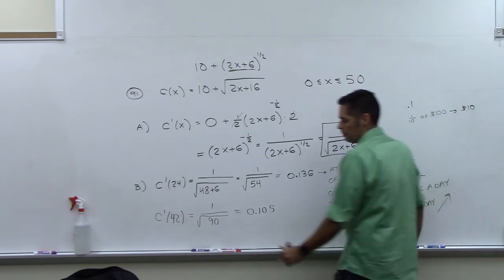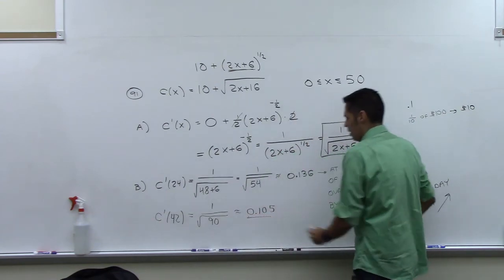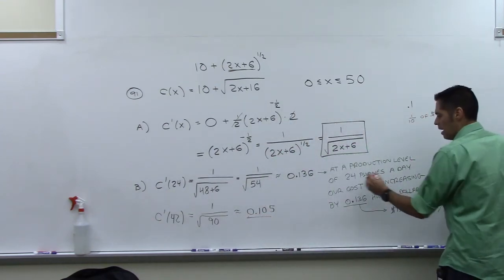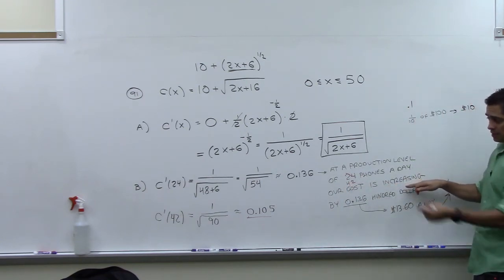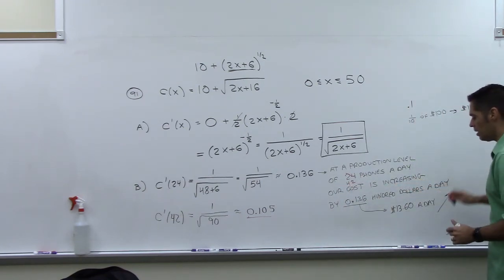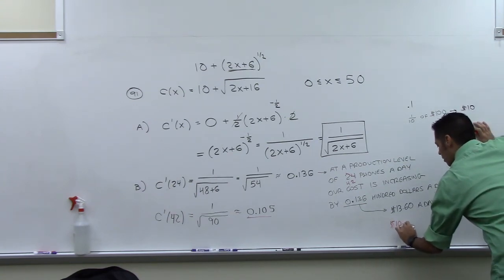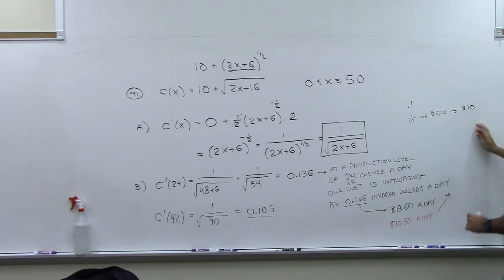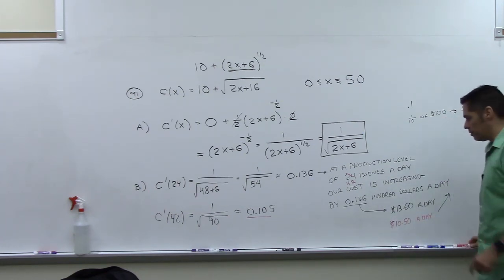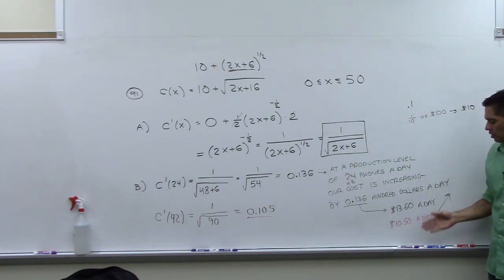At 42 phones, we get this answer. The only difference is that at a production level of 42, the cost is still increasing because it's a positive number, but instead of $13.60 a day, it's going up by $10.50 a day. So you can see by producing more phones, the rate at which our cost is going up is actually lower here.